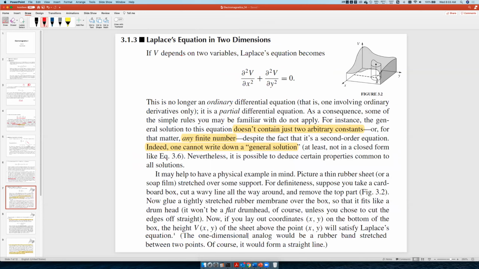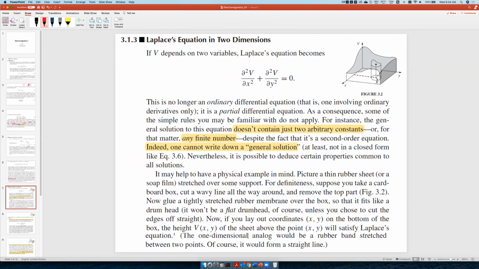Now let's see the two-dimensional Laplace equation. If V depends on two variables, then Laplace equation becomes partial squared V over partial x squared plus partial squared V over partial y squared equals zero.